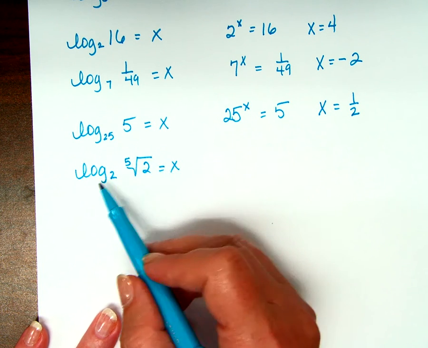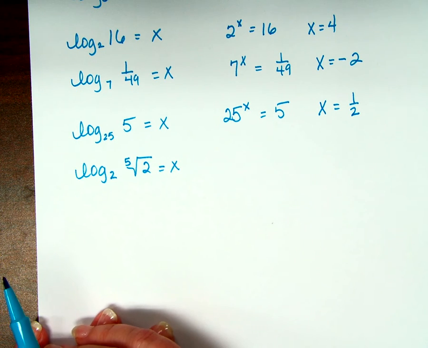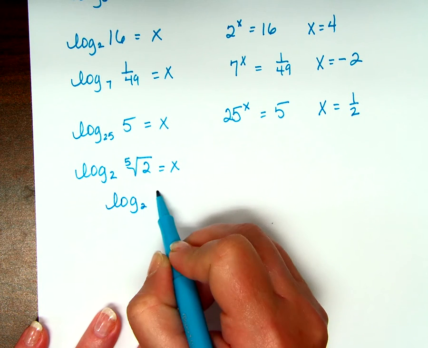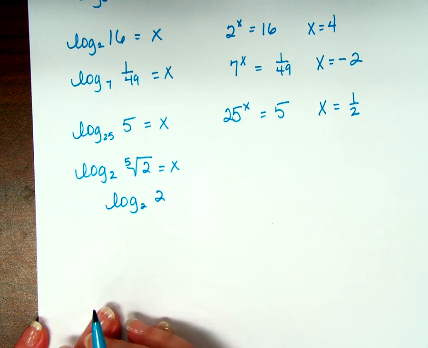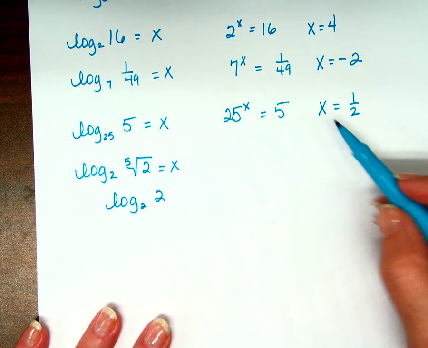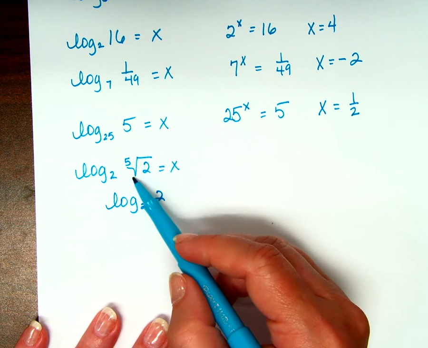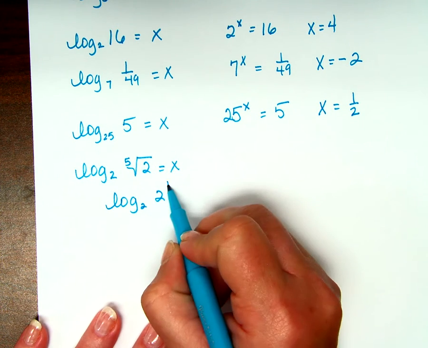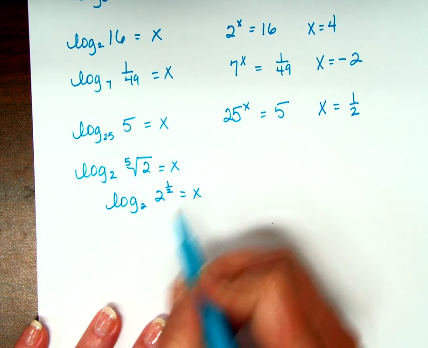Except we know how to write that as an exponent, don't we? We could say log base 2 of 2 to what power? If square root is 1/2, what is fifth root? 1/5, yeah. So it looks like this, right?